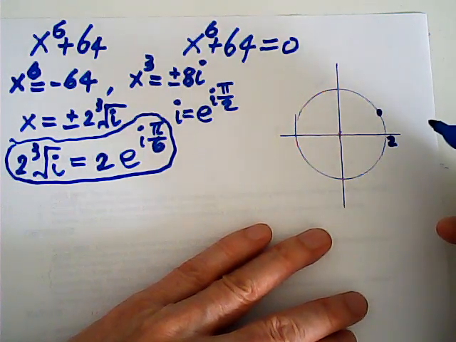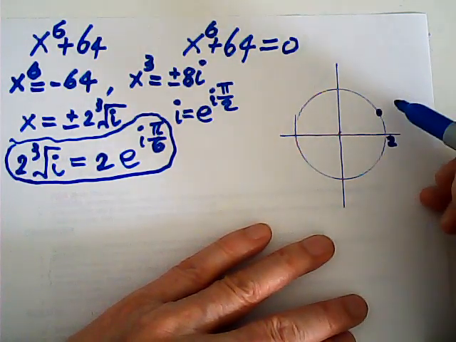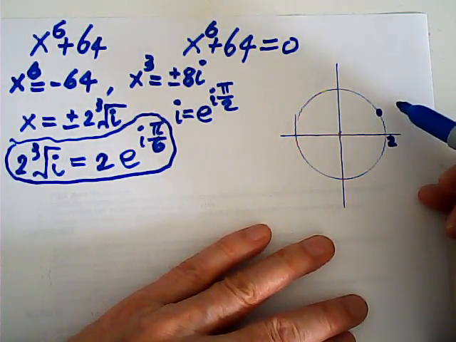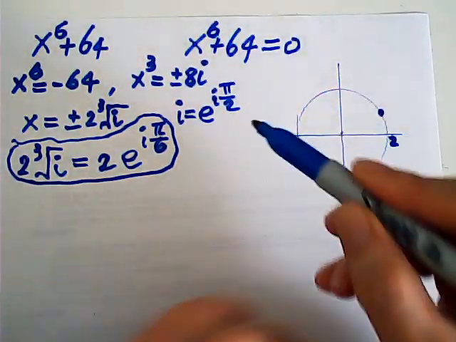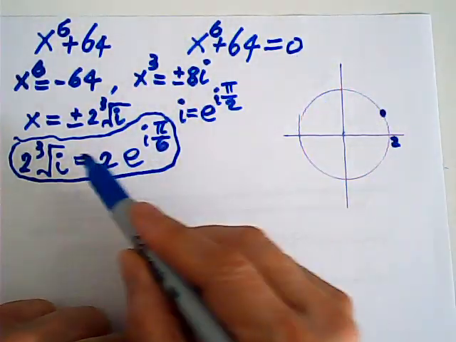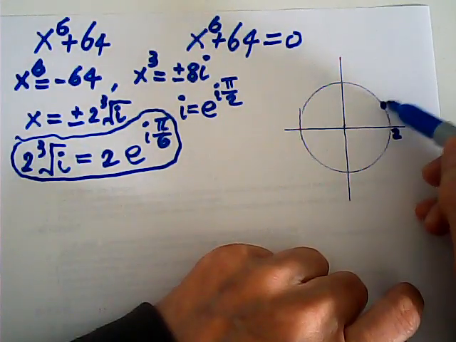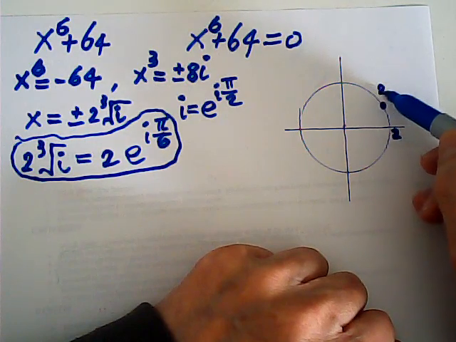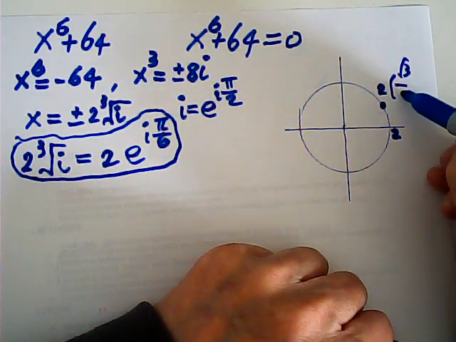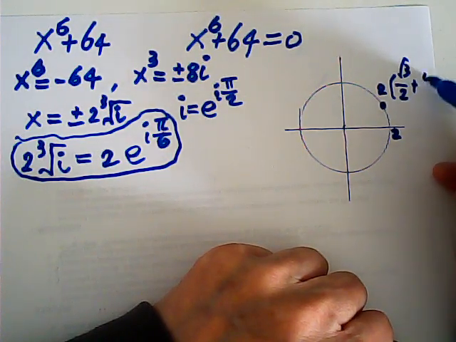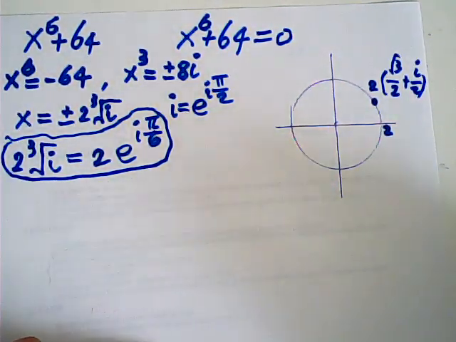This root is 2 times root 3 over 2 plus half i. That is one root.